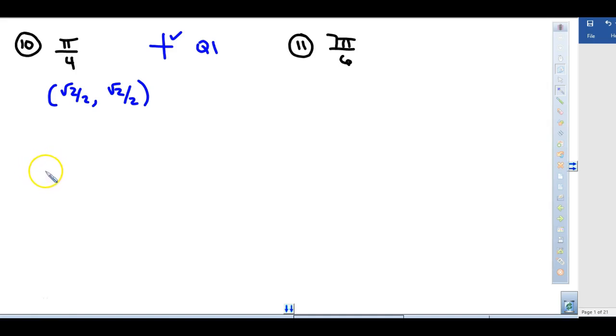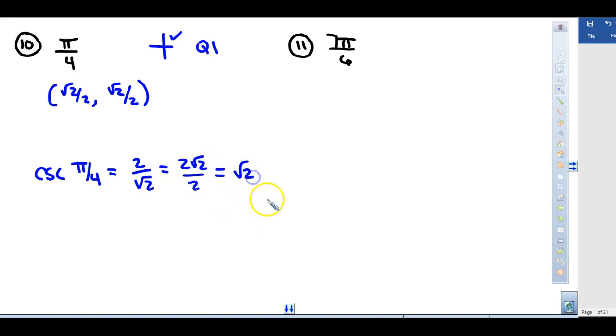So let's say that I just want the cosecant of pi over 4. Well, I know that cosecant of pi over 4 is the inverse of sine. And if sine is square root of 2 over 2, then cosecant would be 2 over the square root of 2. And then I would just rationalize that to figure out that cosecant is simply the square root of 2.